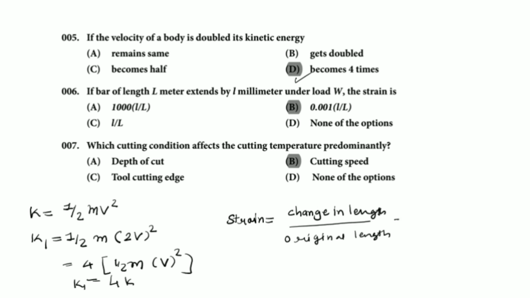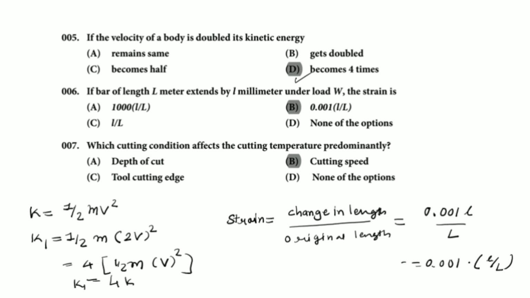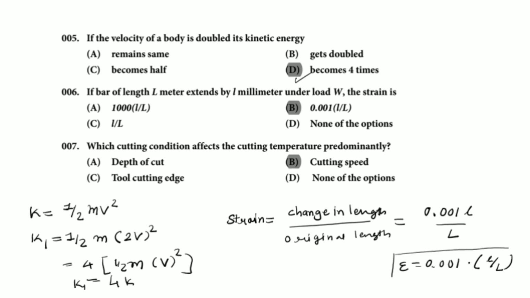So small l millimeter, if you want to convert that into meter, capital L is in a meter, so you can convert that change is equals to 0.001 small l, and the original length is already capital L. So answer should be 0.001 into small l divided by capital L. So that would be the strain, right? And the answer should be B.